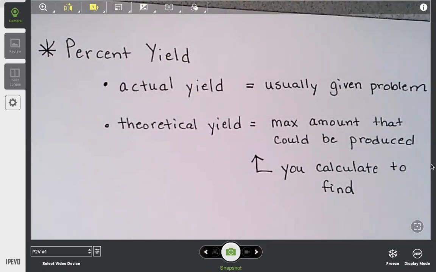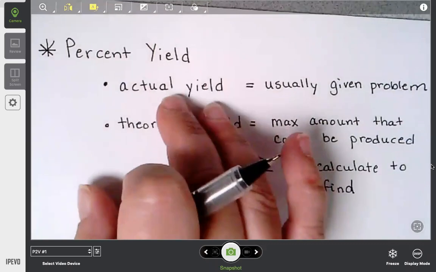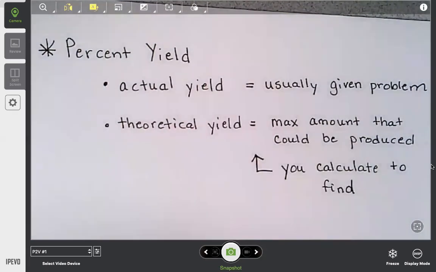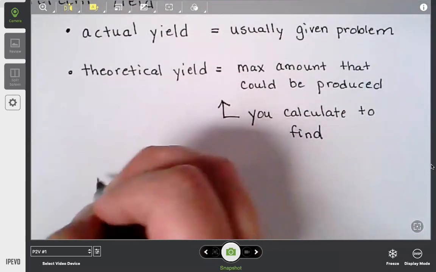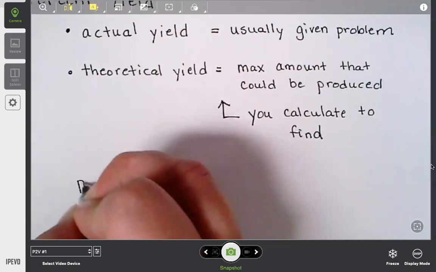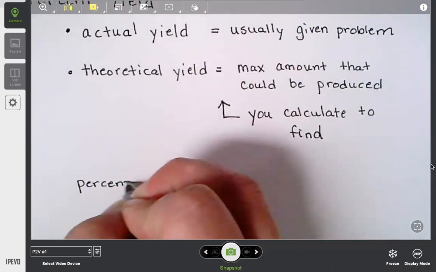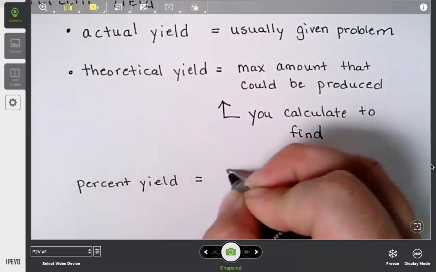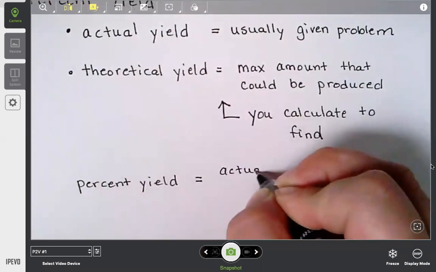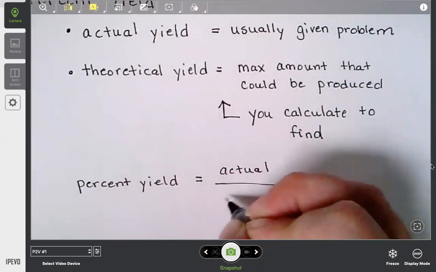So percent yield is where we're going to figure out what percentage of this are we actually making? Is our process good? You calculate that by saying percent yield is equal to the actual yield over the theoretical yield.